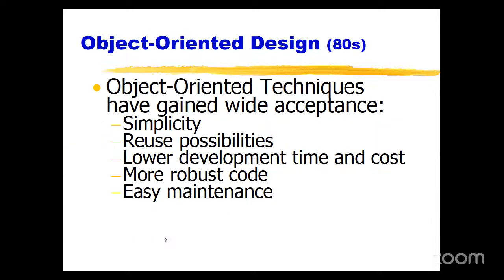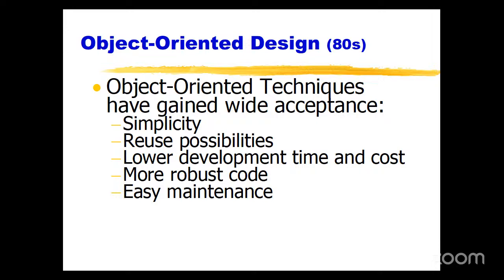Then the object-oriented techniques have gained wide acceptance because we are identifying the objects, they are simple in nature, and as the objects are identified, we are also identifying the relationships between those objects, right? And we have reuse capabilities. That is, we can use the objects multiple times, once, twice, or whatever the requirement is for the users.